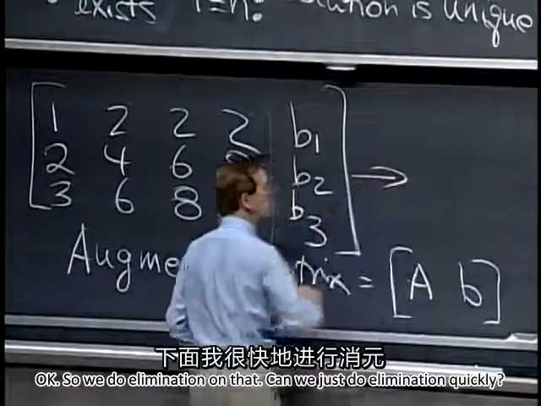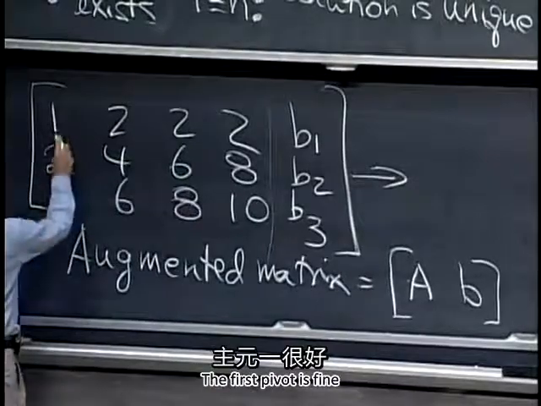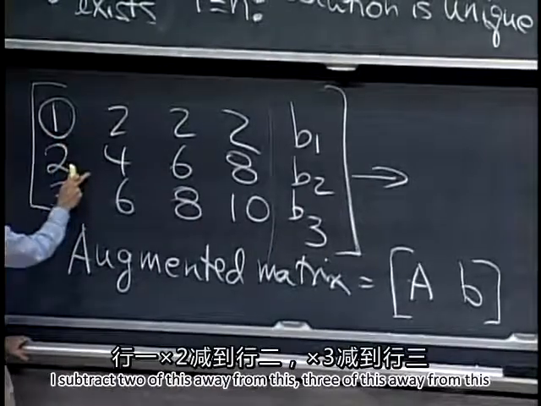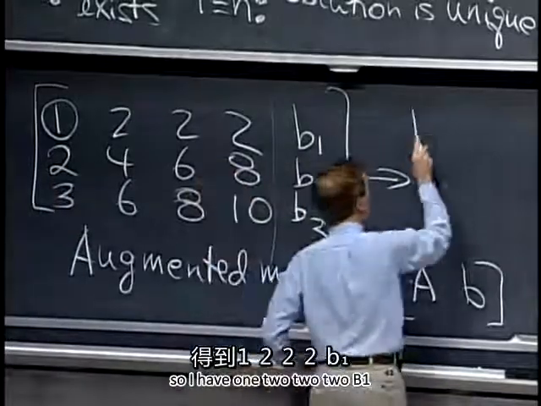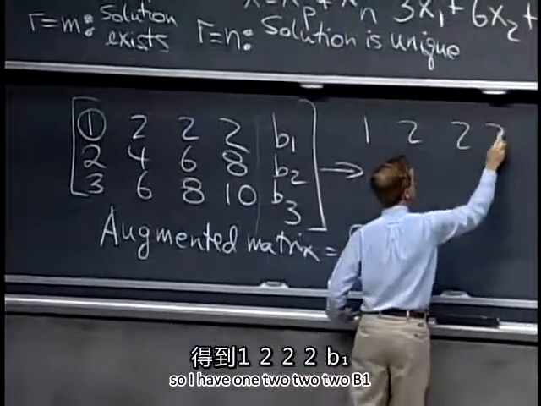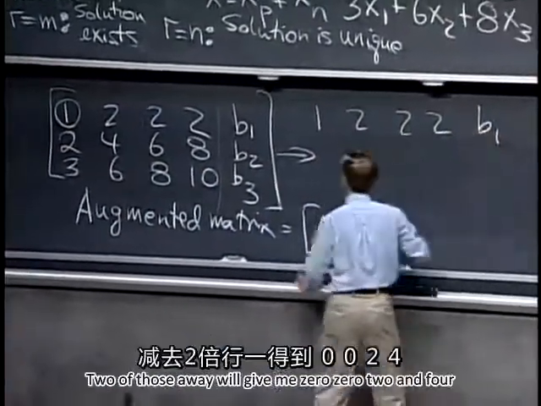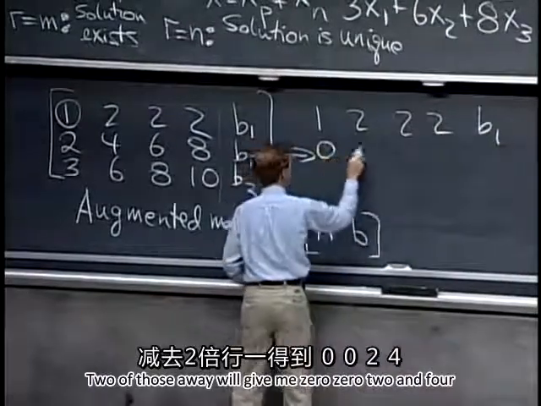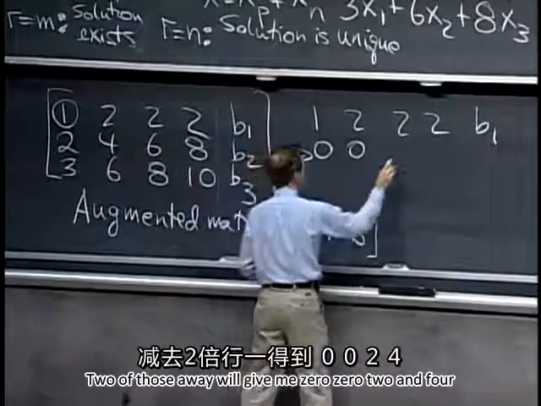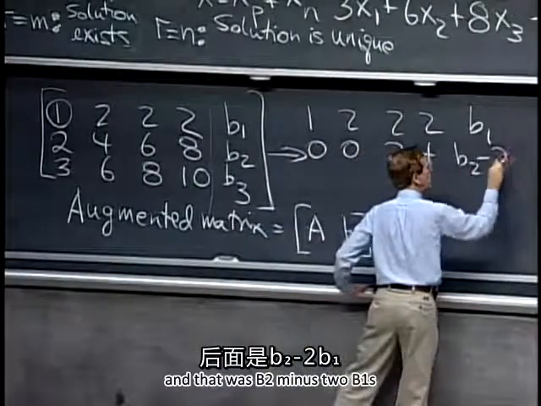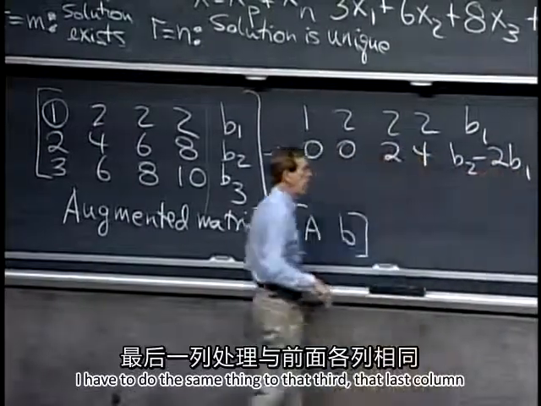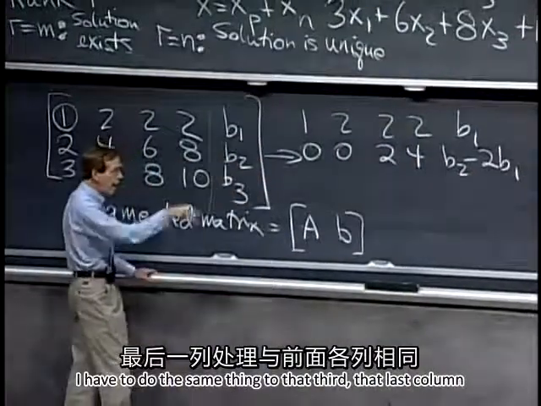Can we just do elimination quickly? The first pivot is fine. I subtract 2 of this away from this, 3 of this away from this, so I have 1, 2, 2, 2, b1. 2 of those away will give me 0, 0, 2, and 4. And that was b2 minus 2b1. I have to do the same thing to that last column.